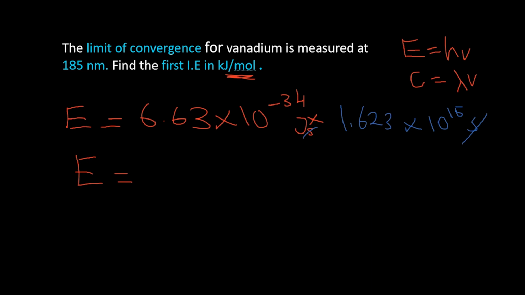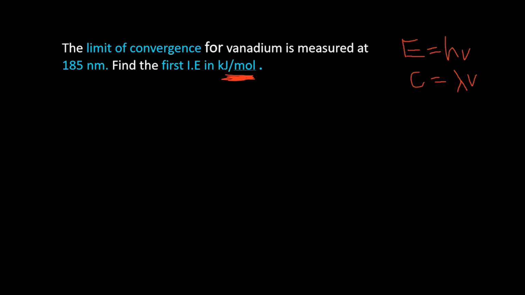Now, this seems familiar, right? So 1.075 times 10 to the power minus 18 joules. But the answer we need is in kilojoules per mole, so we have to change it.